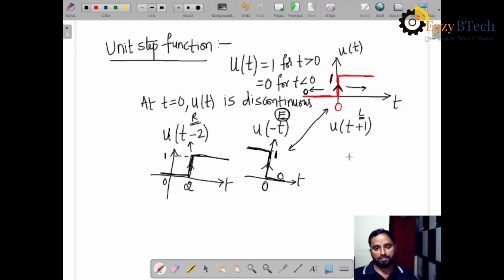Next, u of t plus 1 means left shift of the step signal by 1 unit. Now the signal is shifted left. Minus 1.